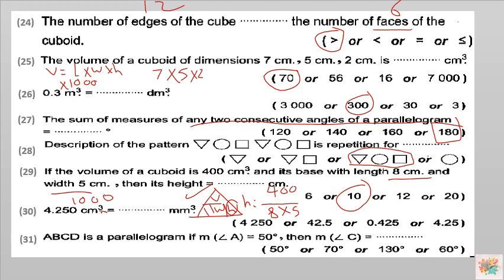Okay, so when I make by 1000, move 1 2 3, so the answer will be 4250.